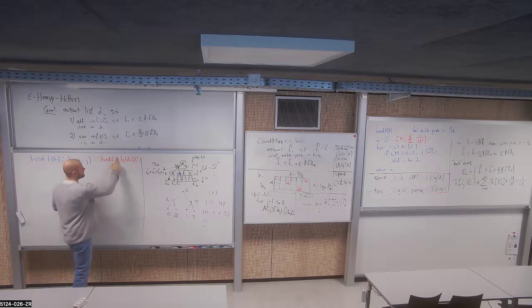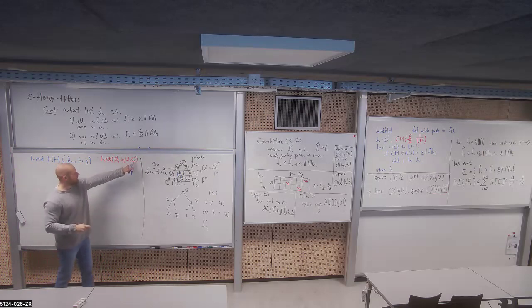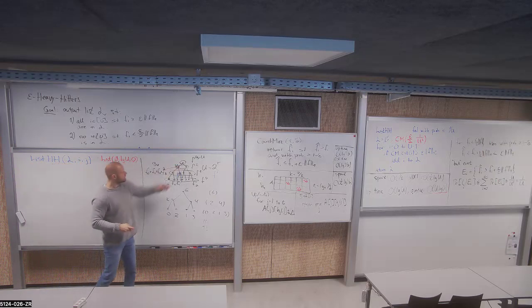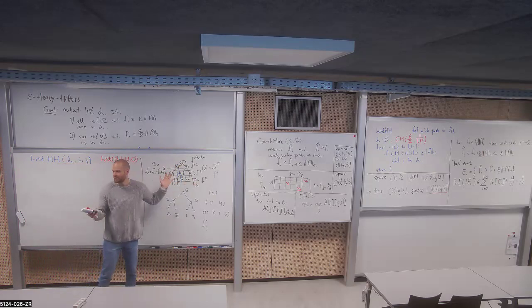The L will be the empty list. I'm going to start out at the root level at node number 0, so that's the root. And then this procedure is going to output all the heavy elements in the whole tree.